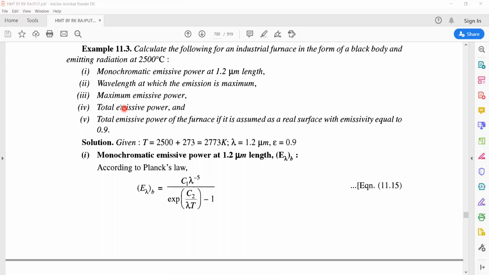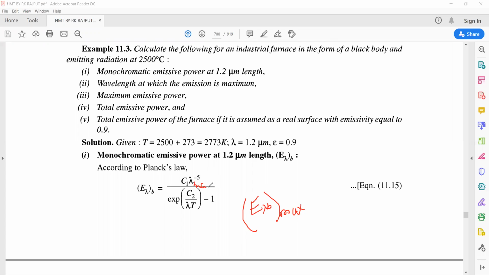I repeat, in the third bit, he is asking us to calculate the maximum emissive power. So in order to calculate the value of maximum emissive power, that is E lambda B max, in this equation, just take lambda as lambda max.